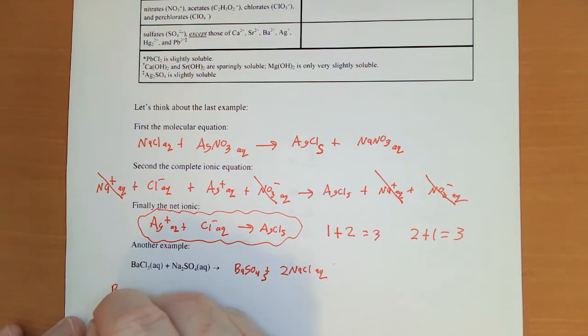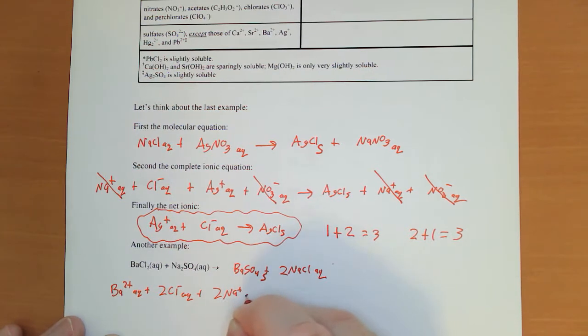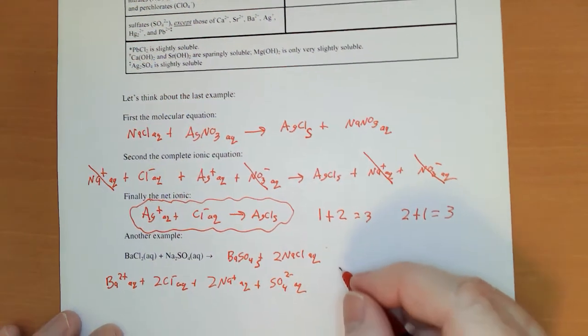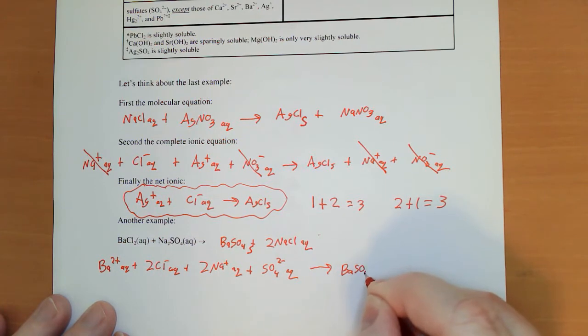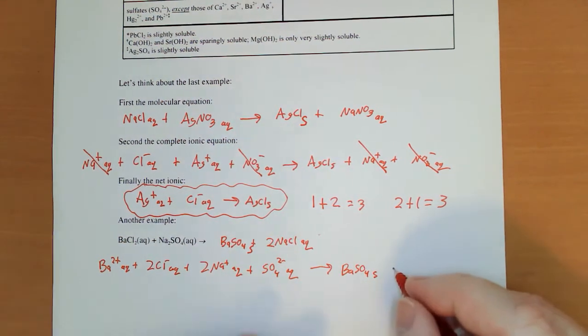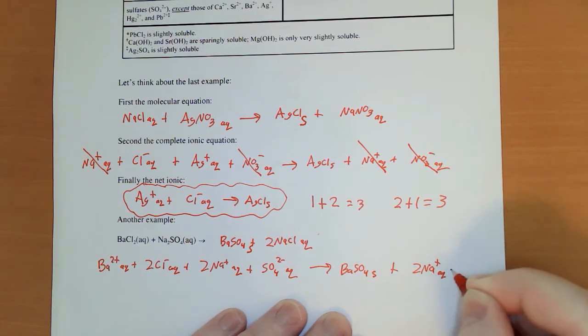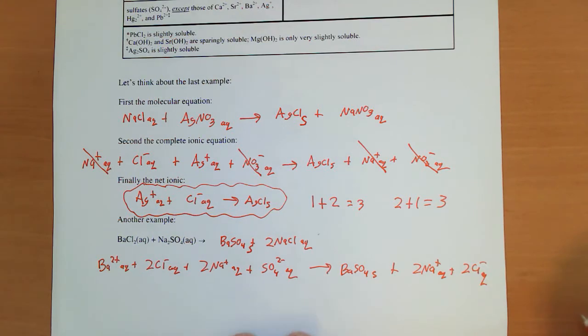So that means Ba2 plus aqueous, and 2 Cl minus aqueous, and 2 Na plus aqueous, and a sulfate, SO4 2 minus aqueous, will give me BaSO4 solid and 2 Na plus aqueous and 2 Cl minus aqueous.